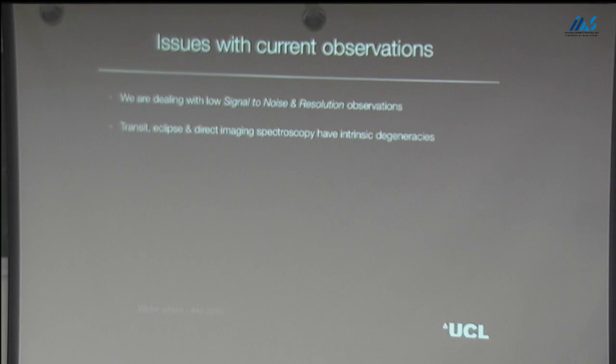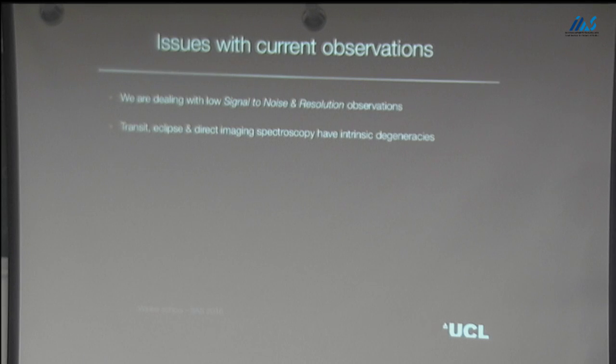All the methods have intrinsic degeneracies. I haven't mentioned the intrinsic degeneracies of the transit measurement, but the degeneracy is that you don't know the radius at the 1 bar or 10 bar level if you're talking about a Jupiter, meaning sometimes you have problems renormalizing the overall opacity.